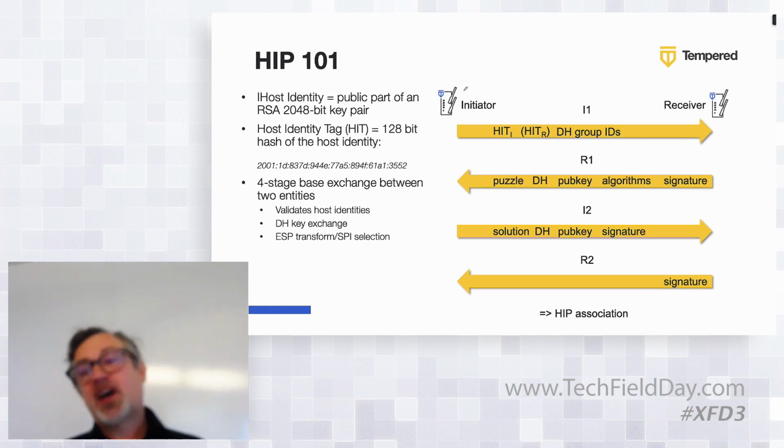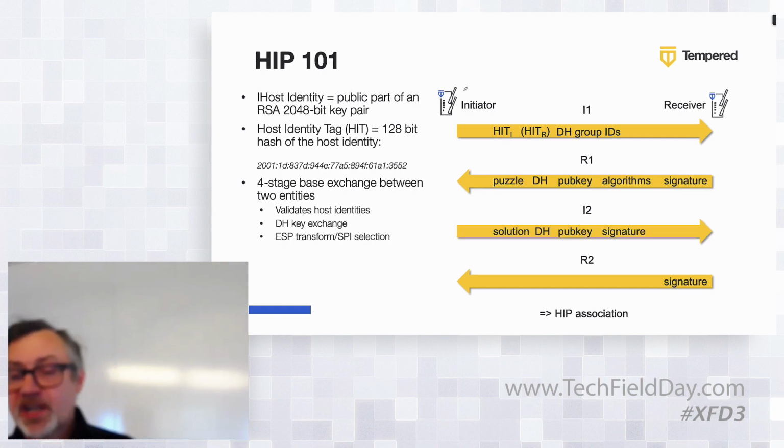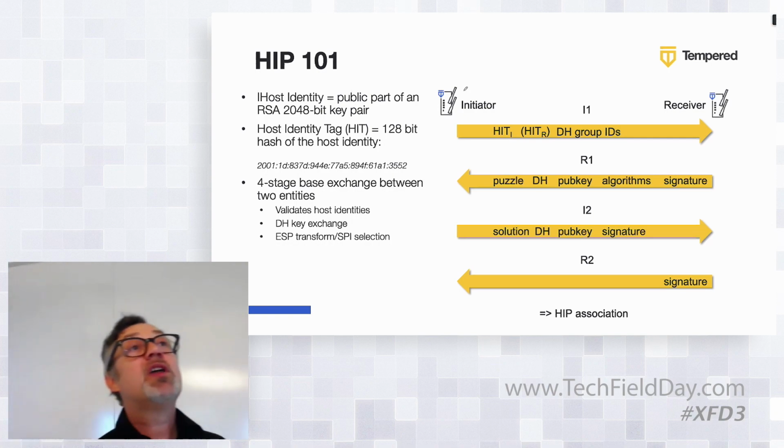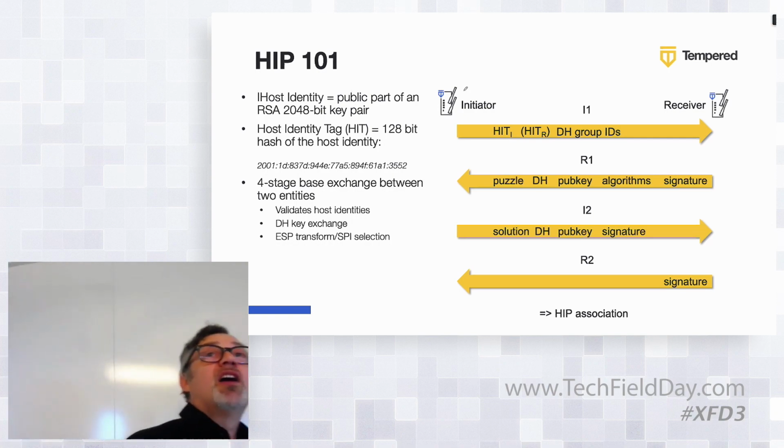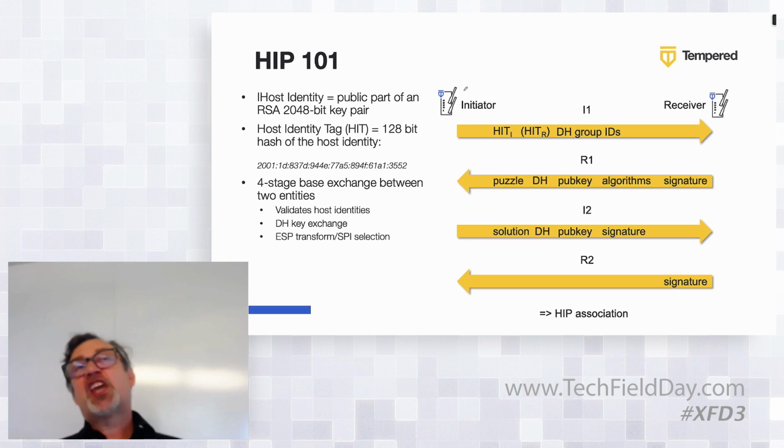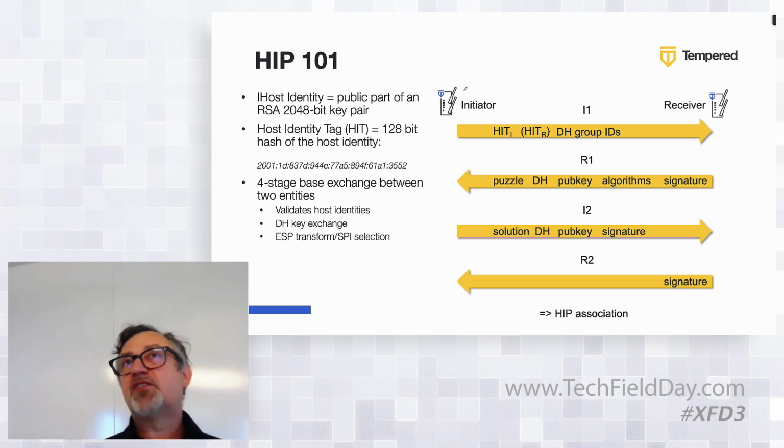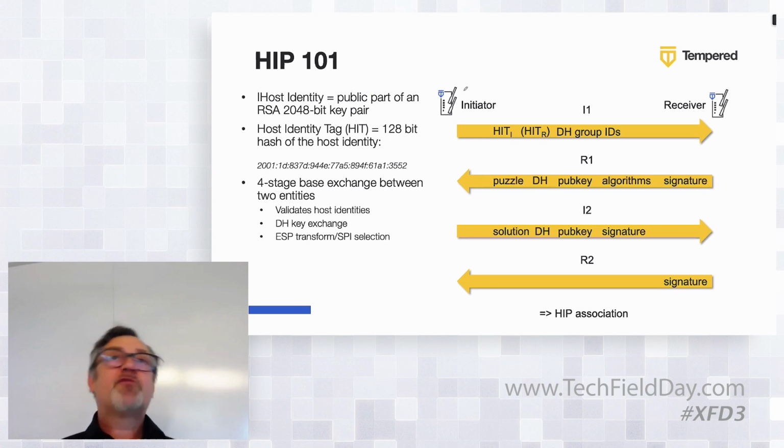With this, we can start talking about the actual HIP base exchange. The base exchange has two parties, an initiator and a receiver, and there are four messages passed between them, called I1, R1, I2, and R2.